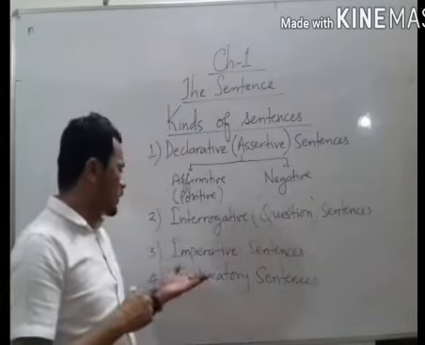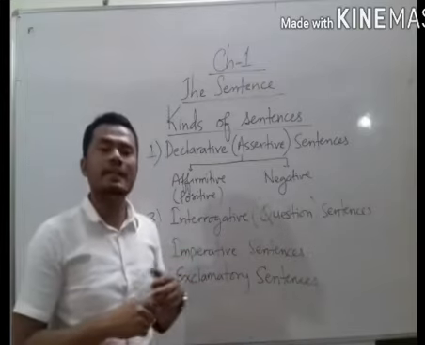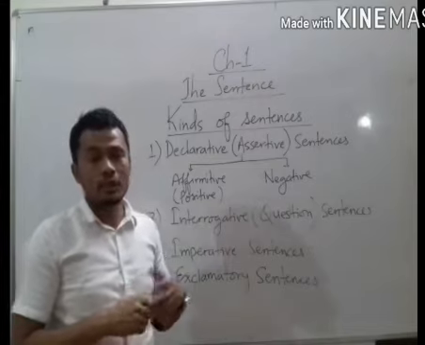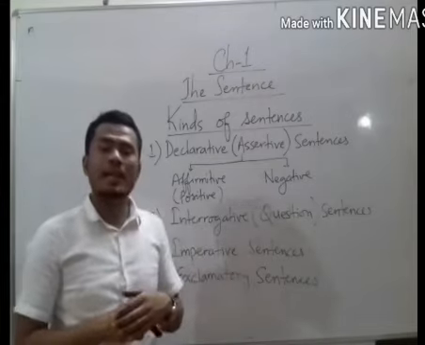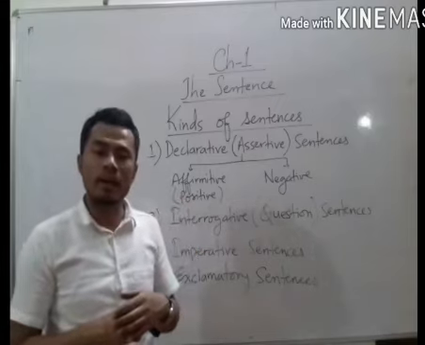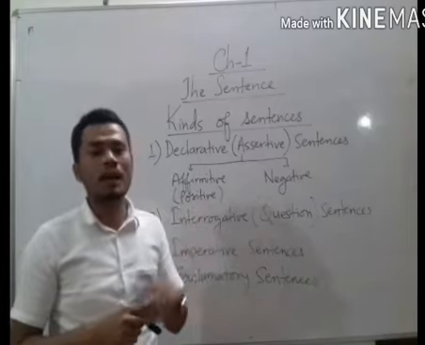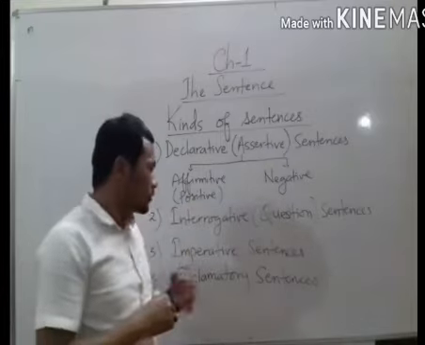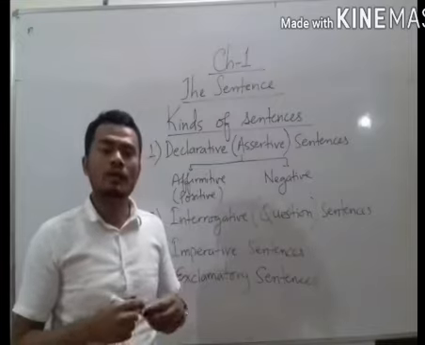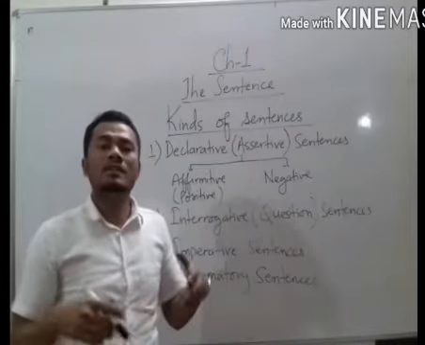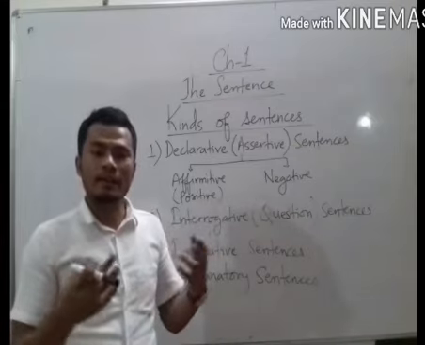Now come to the last kind of sentence, that is exclamatory sentences. An exclamatory sentence always ends with an exclamation mark or carries an exclamation mark with it. An exclamatory sentence conveys our sudden feeling of joy or anger.